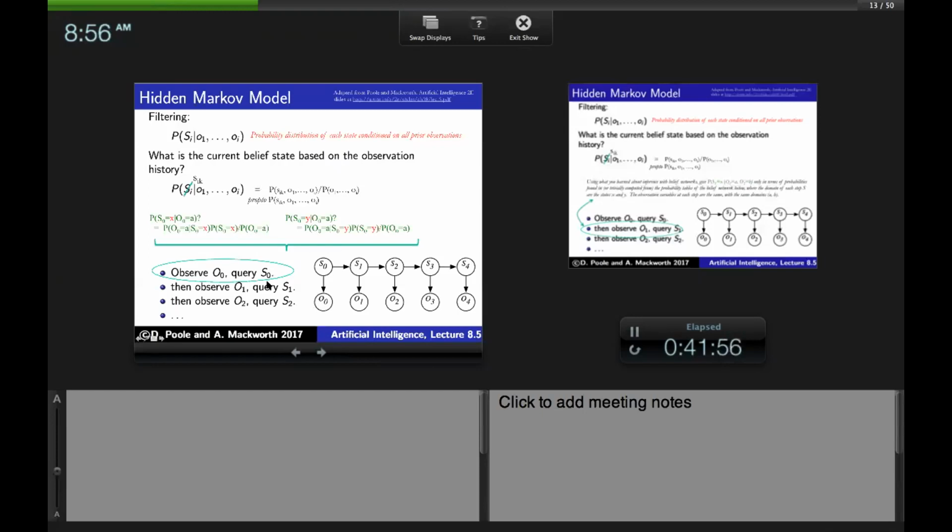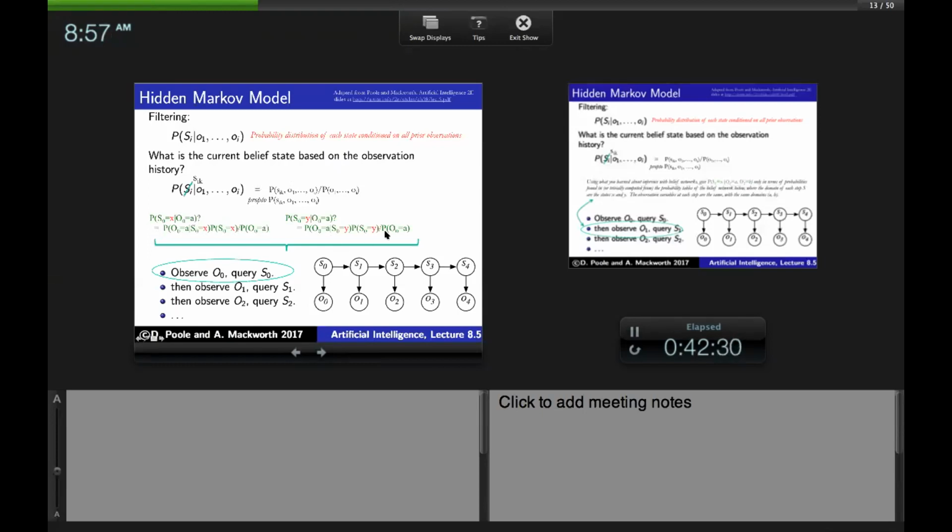The probability tables here are only going to include probabilities of this form, the probability of the observation equaling A given the state equaling X. But if my goal is to compute the most probable state given the observations, I don't really have to compute this value, because this is proportional simply to that.